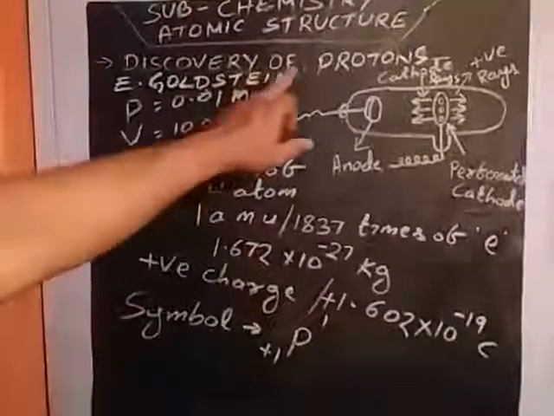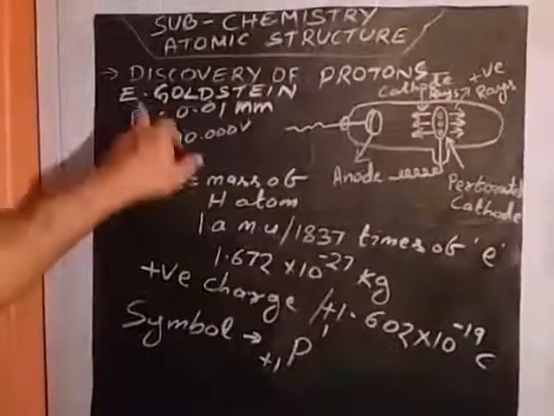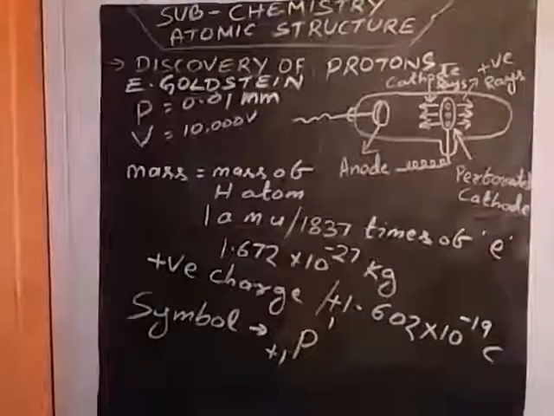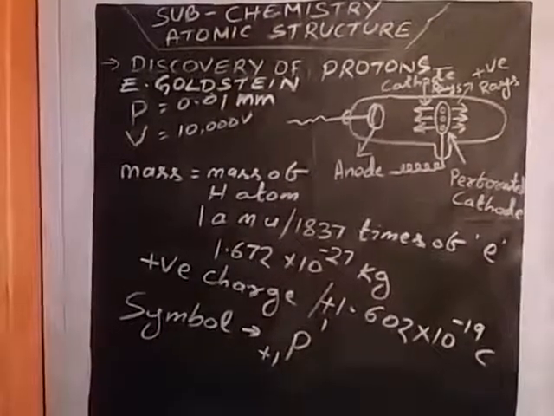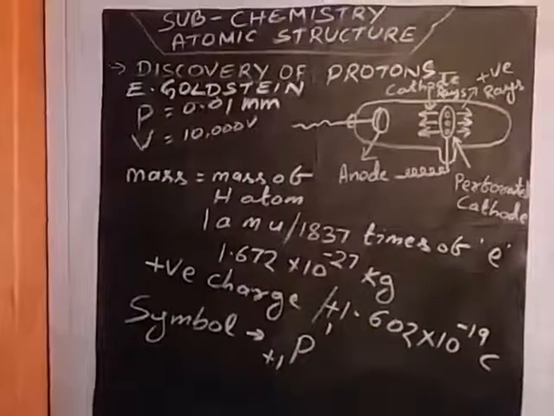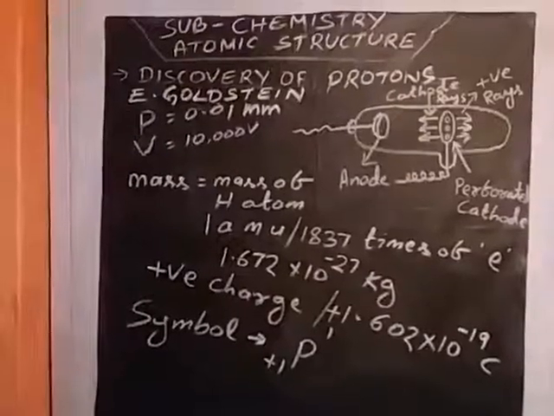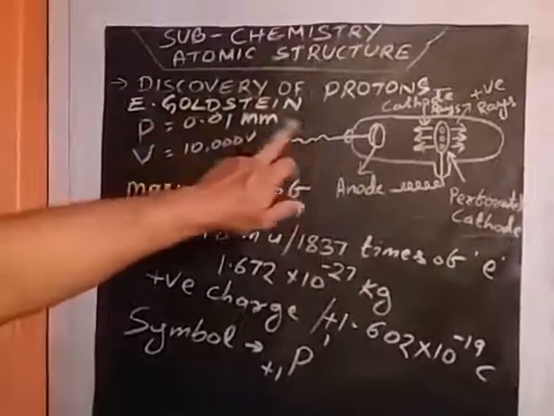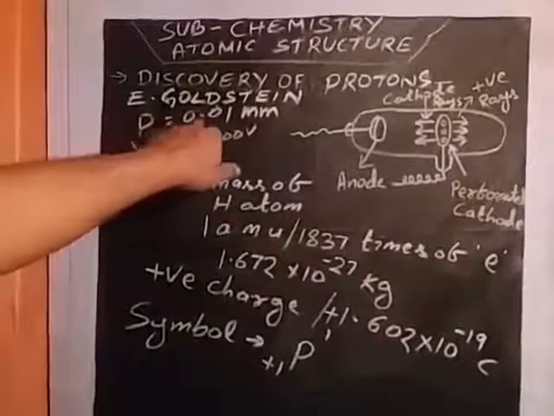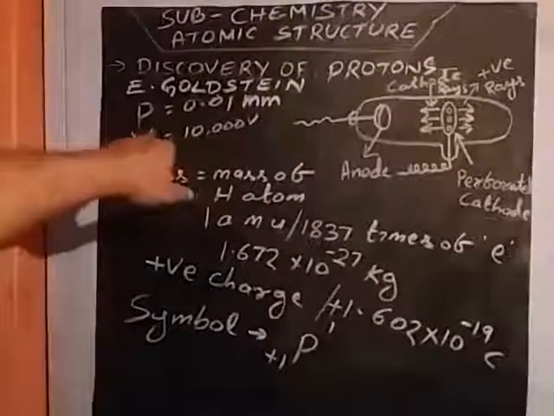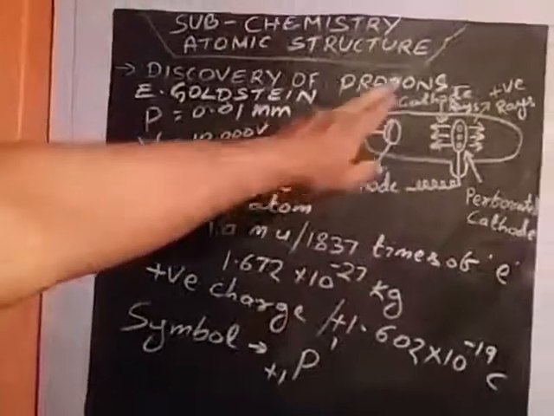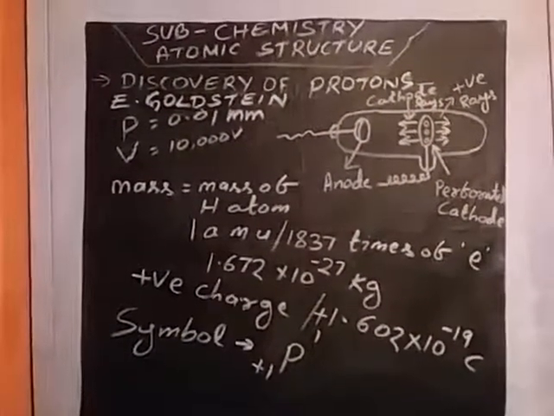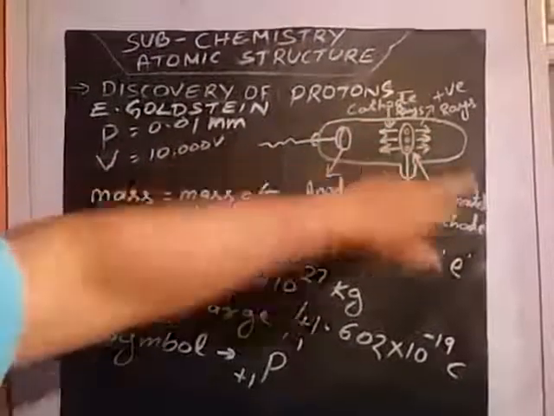Then the discovery of protons by E. Goldstein. You know an atom is electrically neutral. It consists of the same number of electrons and protons. If electrons are discovered by cathode rays, then the opposite charge must be positive. So E. Goldstein used the same minimized pressure of 0.01 mm and high voltage of 10,000 volts, with a perforated cathode in a hard glass tube.